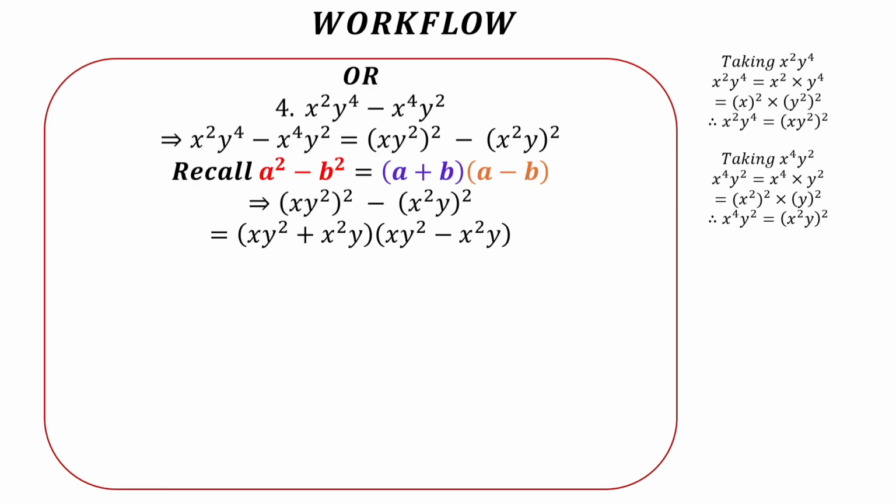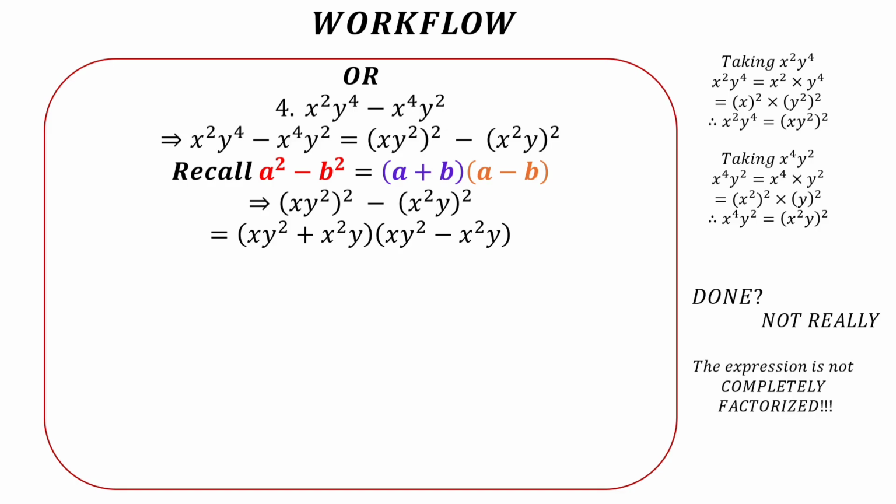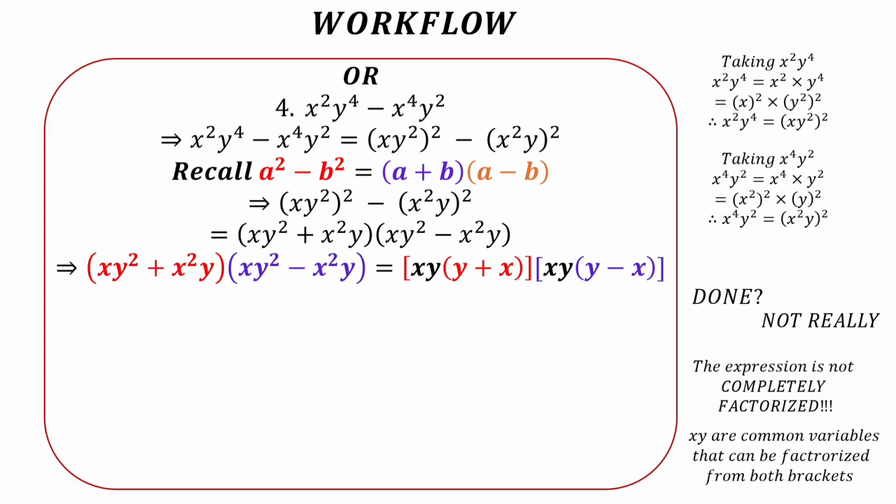But once you get here, you're not done. The reason why you're not really done is because there are still terms in both brackets that you can factorize out, and that is what we did for the first step before we proceeded to apply the difference of two squares. But here we are applying the difference of two squares first before factorizing those common terms out. So we proceed to factorize xy from both brackets.